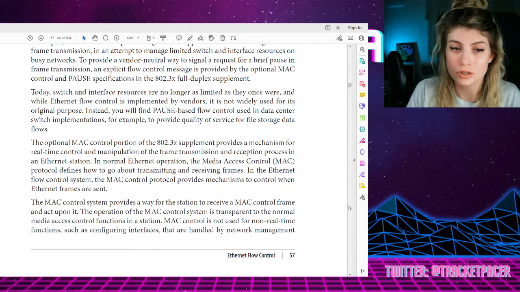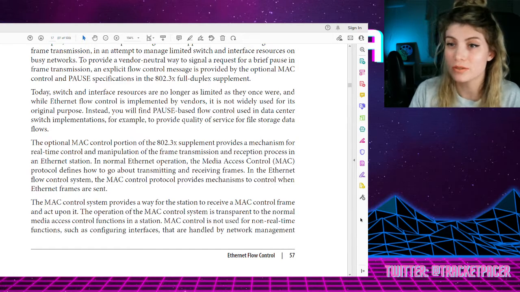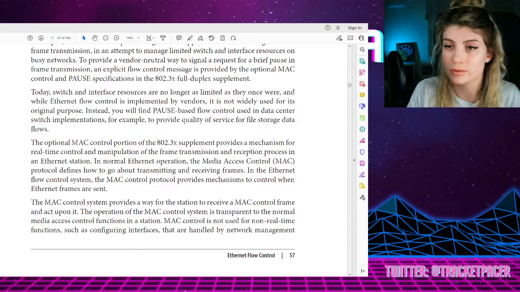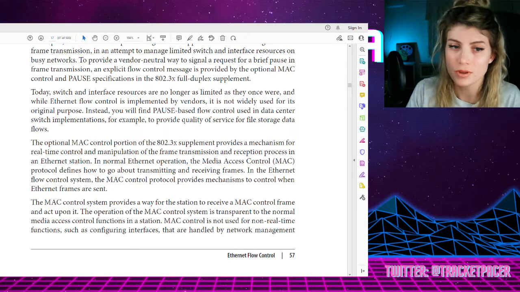In the Ethernet flow control system, the MAC control protocol provides mechanisms to control when Ethernet frames are sent out. Okay, so all of this kind of lines up already with CCNA level stuff from what I've seen. We know a tiny bit about MAC control protocol from the CCNA, but not a whole lot in detail, so this is interesting.